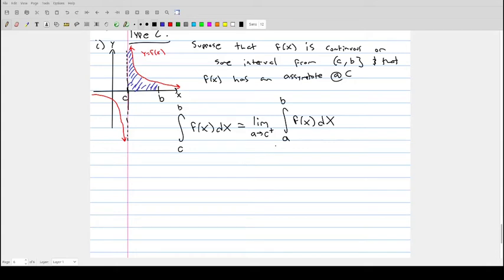If this limit exists, then we say that the improper integral converges, and if this limit does not exist, then we say that the improper integral diverges.